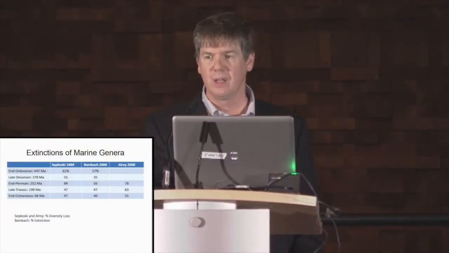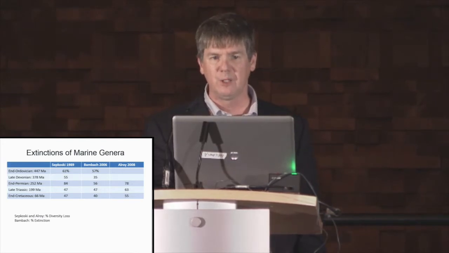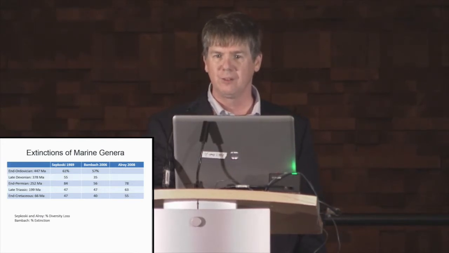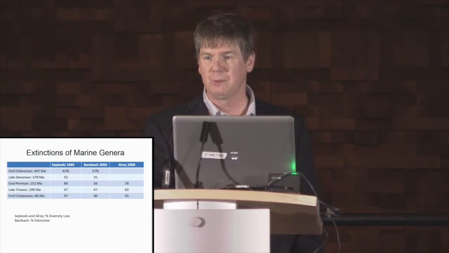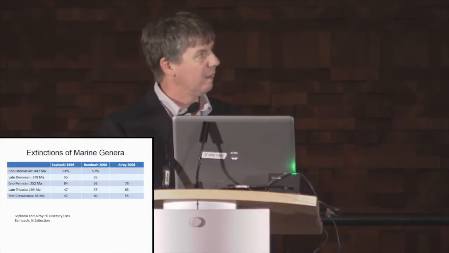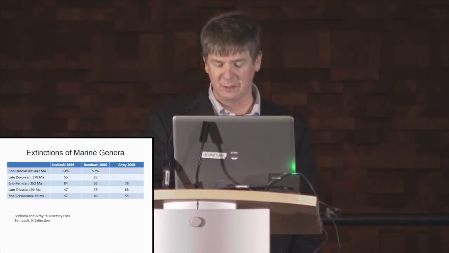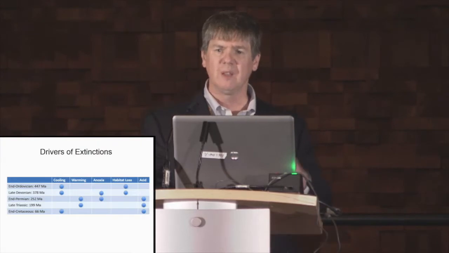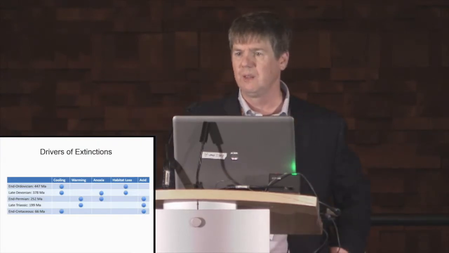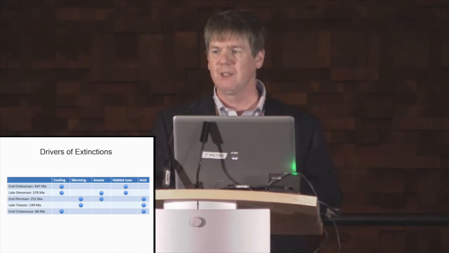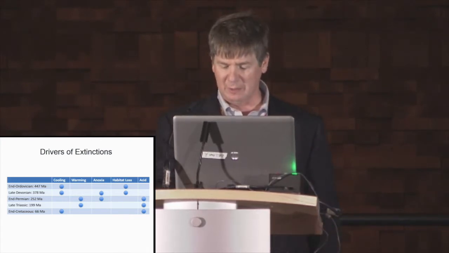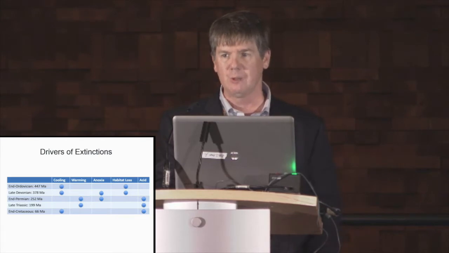And that leads to compilations like this. This is a catalog using analyses by Sepkoski, by Alroy, and also by Richard Bambach, noting their estimates of the percentage of marine diversity losses during the 5 canonical events. And this and many other studies have led to the view by most people that there's really something different about mass extinctions from what happens during so-called background times.